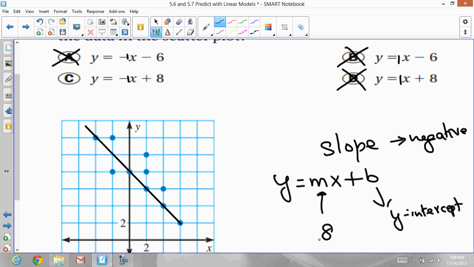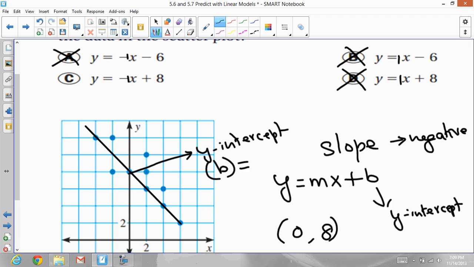Positive 8 is only possible when my x is 0. So (0, 8). They are skip counting by 2's: 2, 4, 6, 8. This is my y-intercept. So my y-intercept b is 8, and the point in this case is (0, 8), which is what I have over here. So that is why C will be the correct answer.